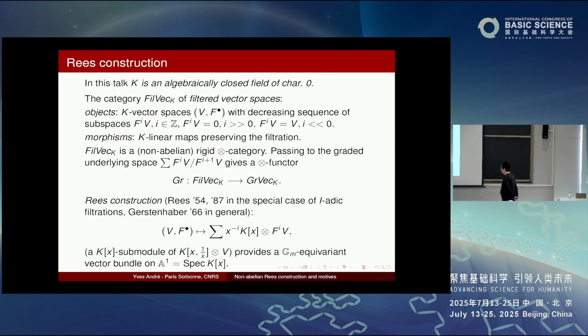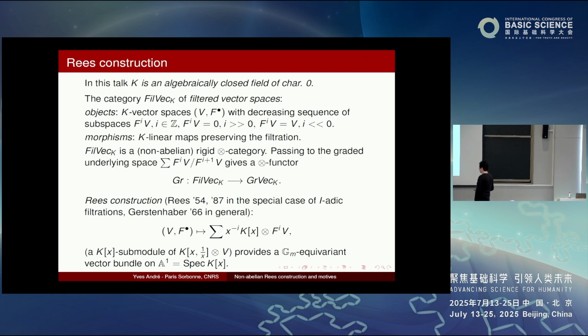We start from a filtered vector space, and we construct a certain K[x]-submodule of this module V tensor the Laurent polynomials K[x, x^-1], which is defined in the following way: the sum of x^-i K[x] tensor F^i V. And this submodule, in fact, can be interpreted as a G_m-equivariant vector bundle on the affine line, viewed as the spectrum of K[x].